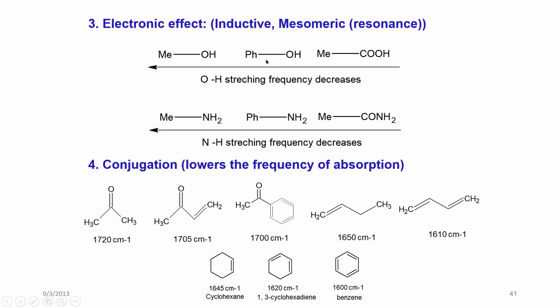This is because in case of phenol, there is a mesomeric effect which will hold the hydrogen atom to a greater extent than in methanol. Hence, the OH frequency will decrease, and conjugation will lower the frequency of absorption.